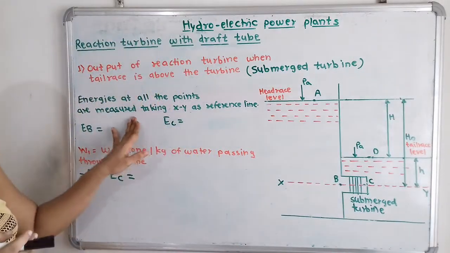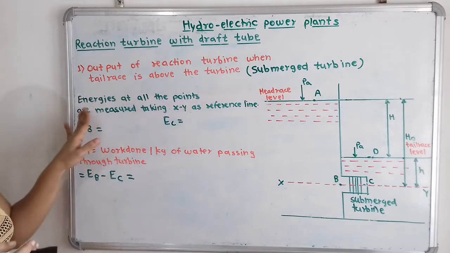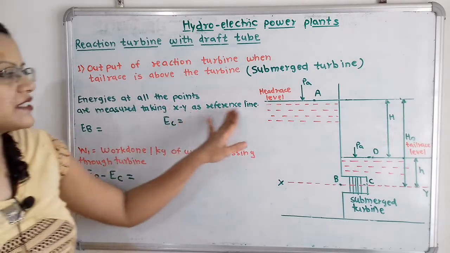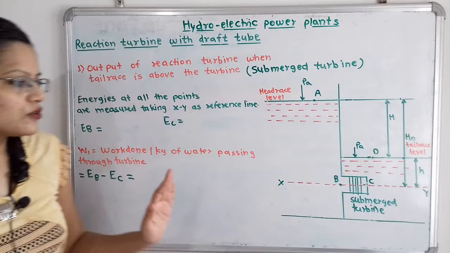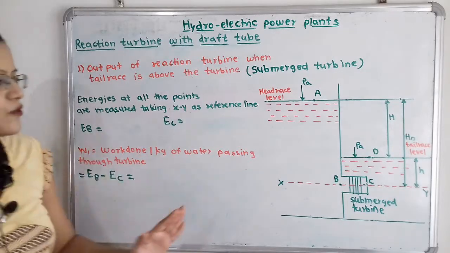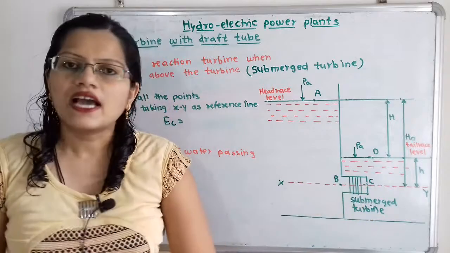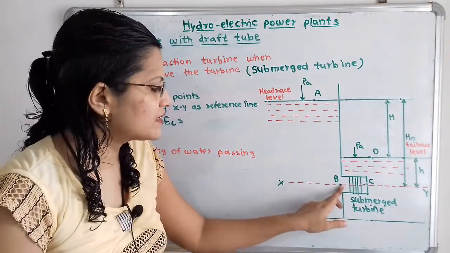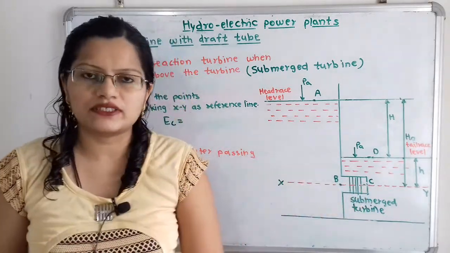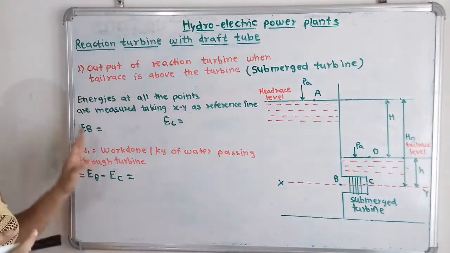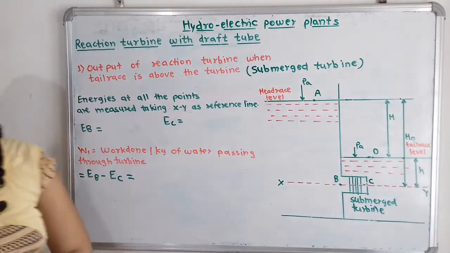If we observe, energies at all the points are measured taking XY as a reference line. Energies at all the points means the energy at the inlet of the turbine and the energy at the outlet of the turbine. Here is point B and here is point C. How can I write the energy at point B?